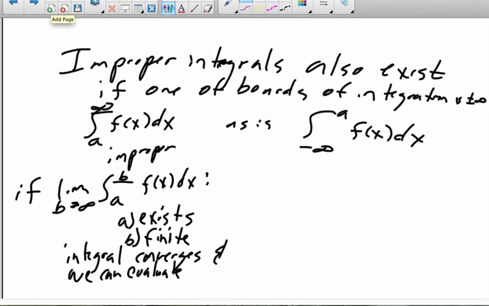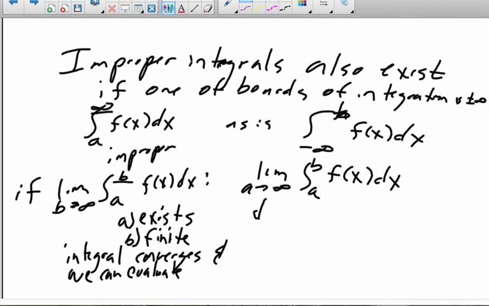Now let's come back over to this guy. So here what I'm going to do is, let's change this to b. So I want the limit as a goes to negative infinity of the integral from a to b of f of x dx. And this will diverge if the limit a doesn't exist.